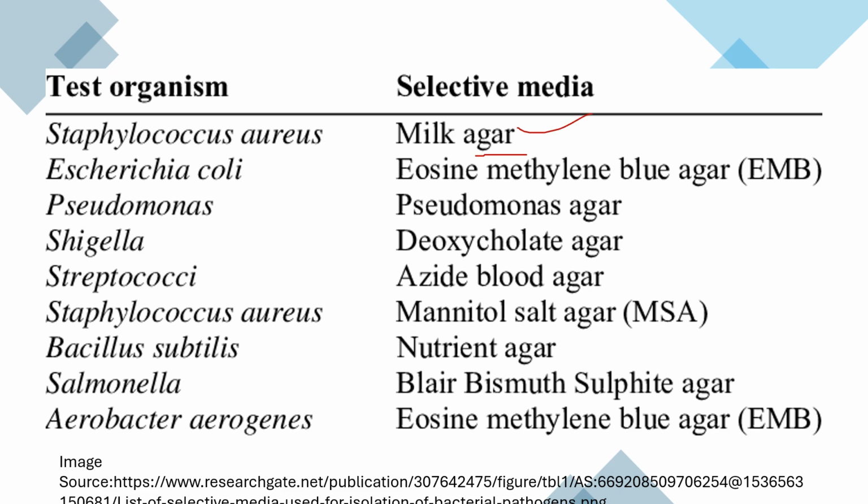For Staphylococcus, it is milk agar, and the very common is EMB agar, eosin methylene blue agar, used for E. coli. Then mannitol agar is used for Staphylococcus aureus. EMB agar, eosin methylene blue agar, is again used for Aerobacter.